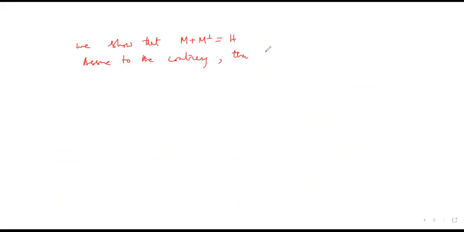Then there exists a non-zero Z naught belonging to H, जो ना पहला वाला हमारा थ्योरम था, because ये proper subspace होगी such that Z naught is orthogonal to M plus M perp because it's a closed subspace, a proper subspace. अगर ये proper subspace होगी, so there would be something. ये हमने जो दूसरा या तीसरा थ्योरम जो इसमें किया था इस सीक्वेंस में, तो ऐसा होगा. ठीक है ना?